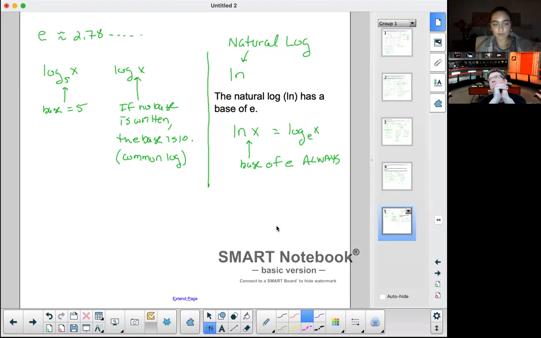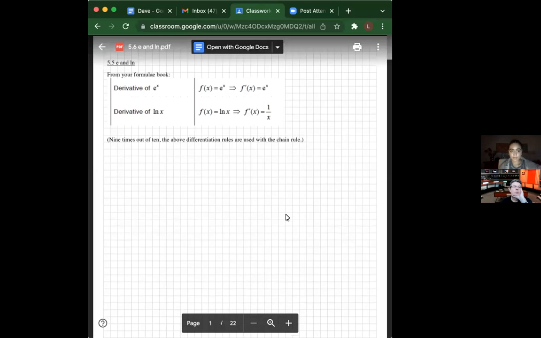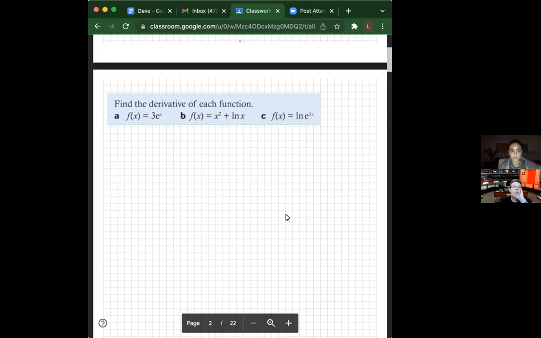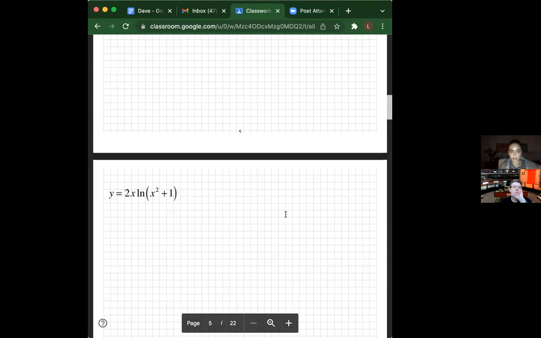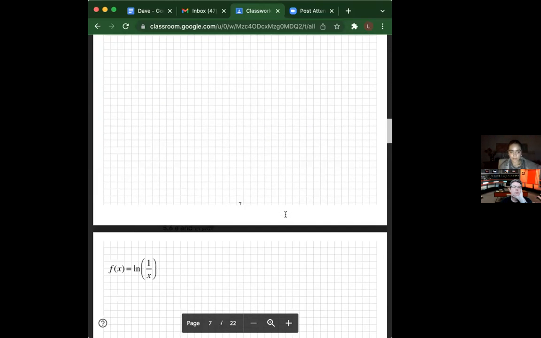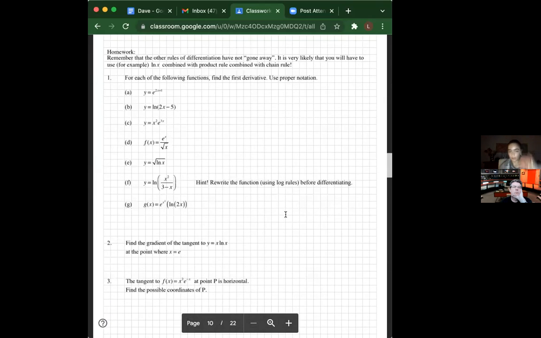Should I share my screen? Yeah, let me stop sharing. There you go. Where is it? Ah, here it is. Okay, so we've got all these. And then the homework was always at the bottom. This is what the homework was.